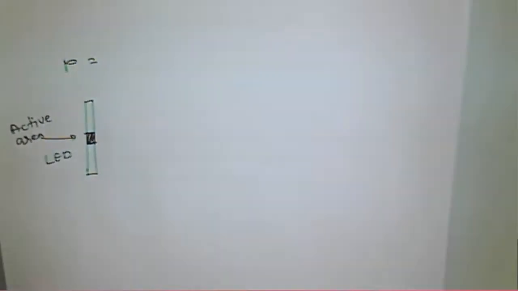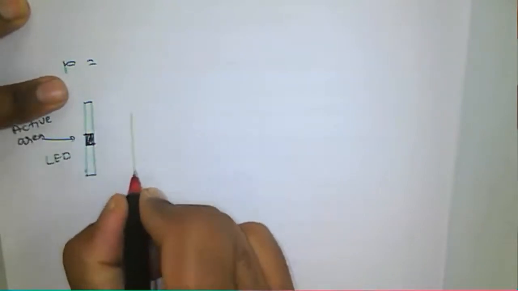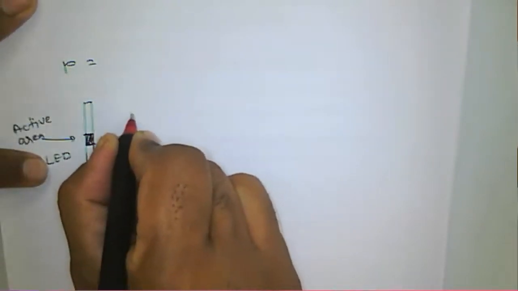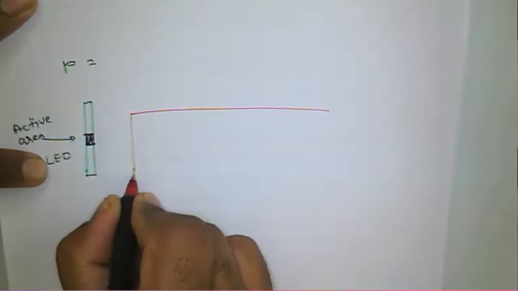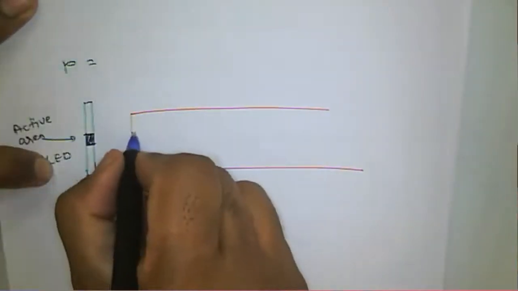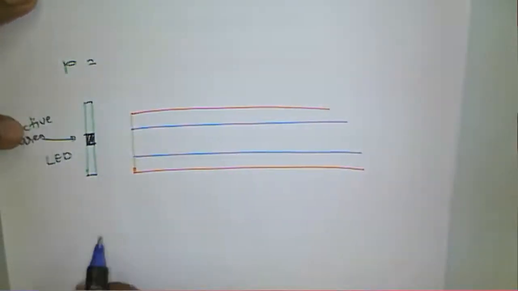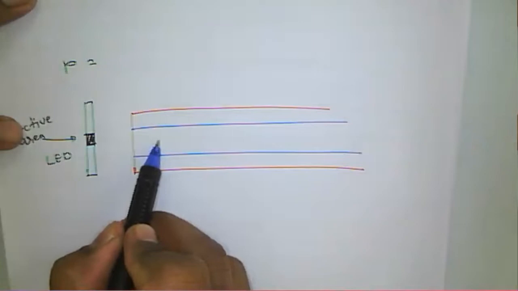Now how your signal will couple, how your power will be launched inside the optical fiber. This one is the core of the optical fiber, and this is the active area.